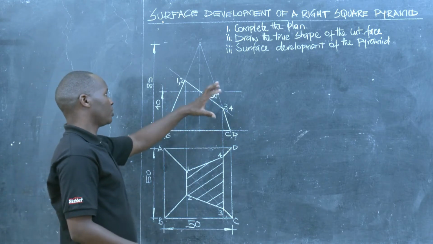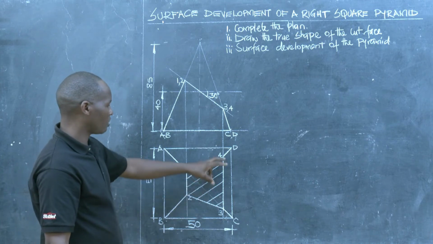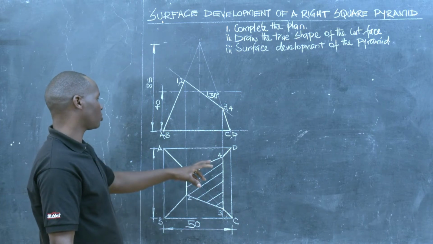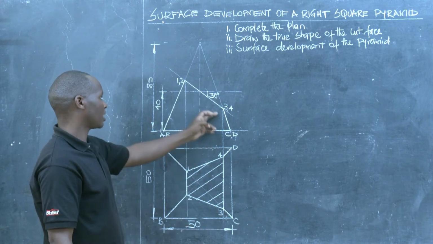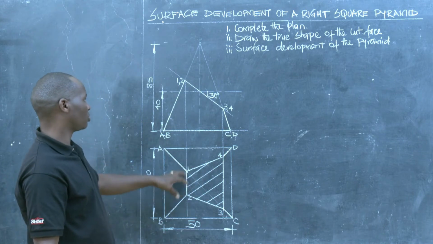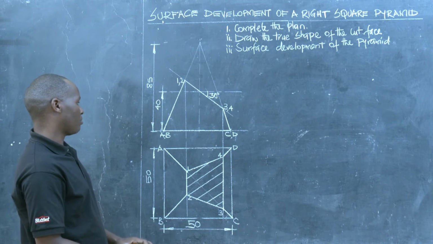Remember, we are required to do the true shape of the cut face simply because whatever is represented on the plan does not give us the true dimensions for the truncated face, because this is a plan representation of the truncated pyramid.